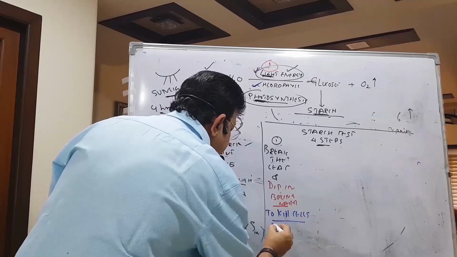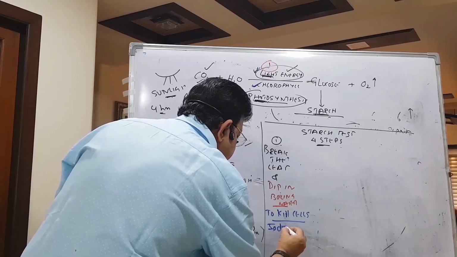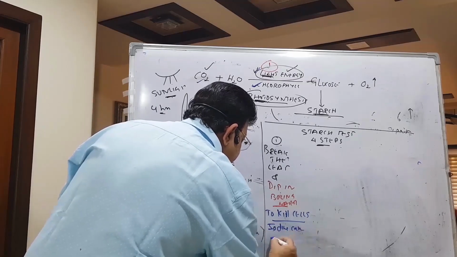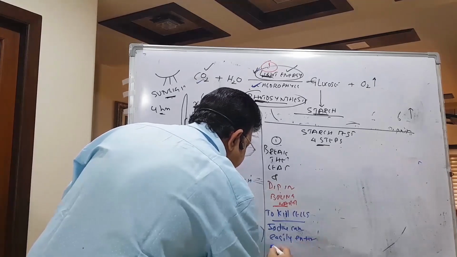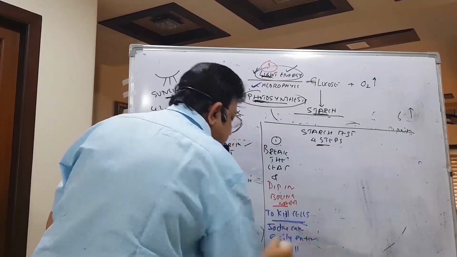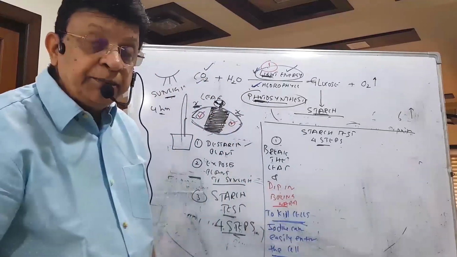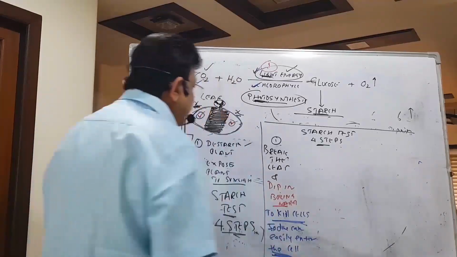And when the cells are killed, iodine can easily enter the cell. So I had to kill the cell to destroy the semi-permeable membrane so that iodine can enter the cell.